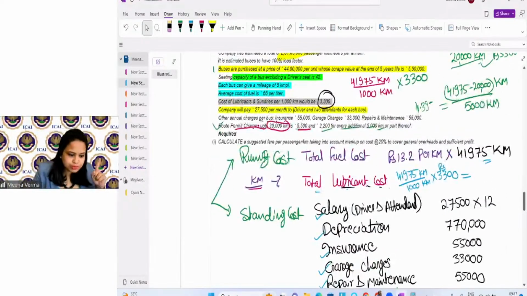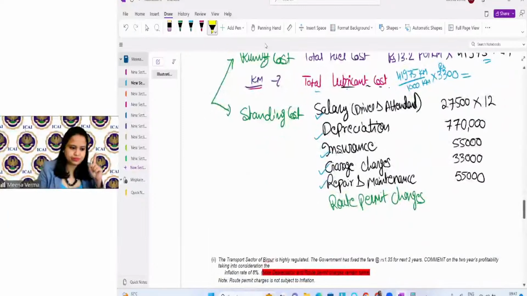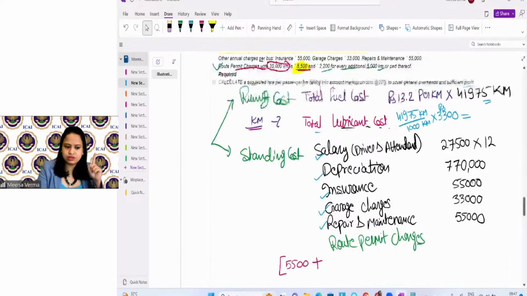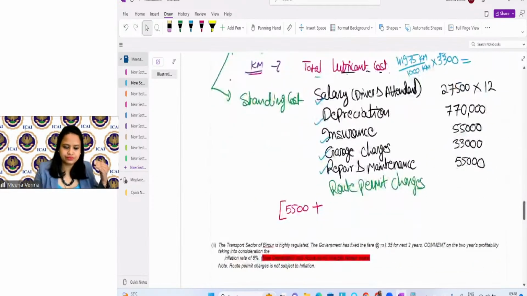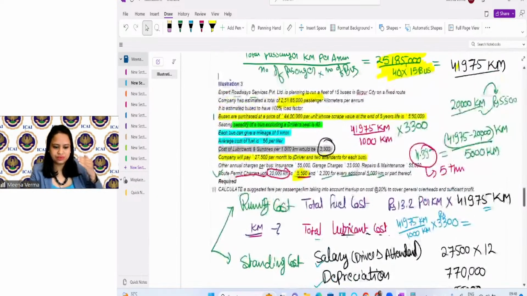Initially the route permit charges was 5,500. Plus, then what happened? This many times you need route permit charges. So obviously you will round it off to 5 times. 5 times route permit charges is required. What is the cost of route permit charges? 2200.